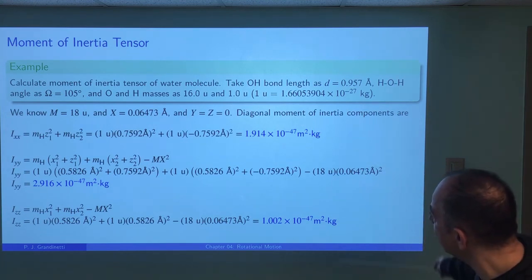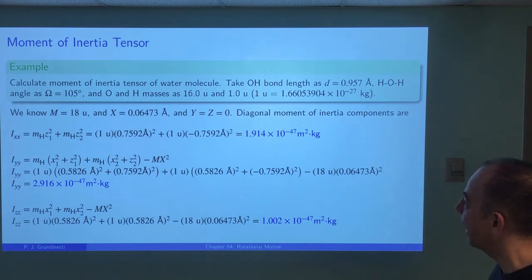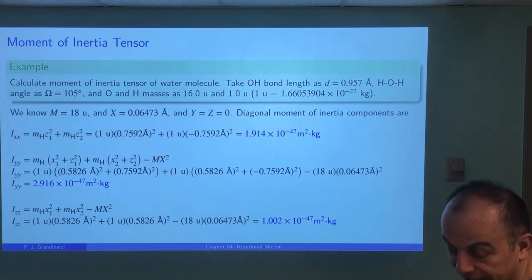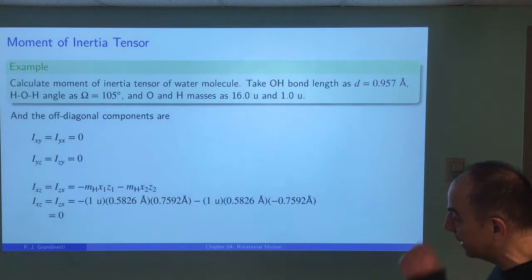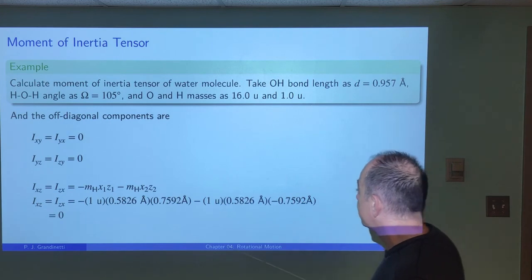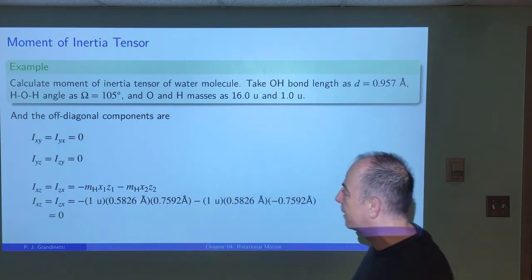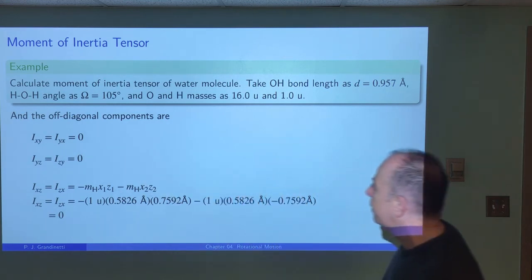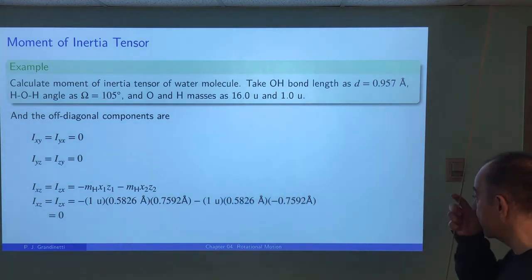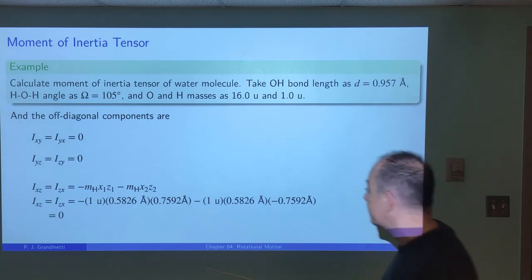Taking these together, we have the xx, yy, and zz, but we also need to get the off-diagonal elements. I'll let you work out how to simplify these. But what you find right away, just looking at the equations, is that these are 0 based on the zeros that we already know in the coordinates and in the center of mass.